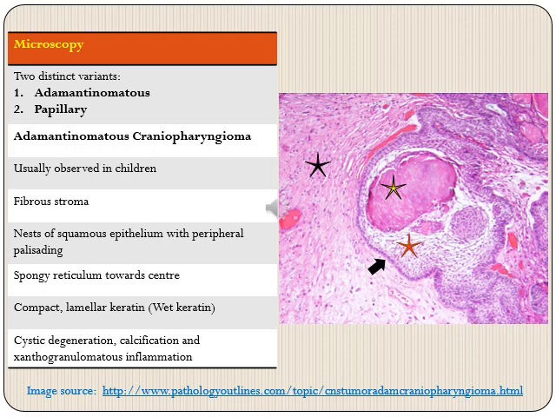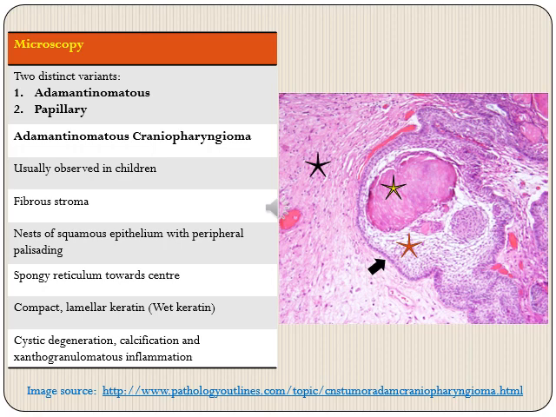As we come towards the center, these cells have a mesh-like appearance called spongy reticulum, which is marked here by the red asterisks, and they also have compact lamellar keratin, called wet keratin, which is depicted by a yellow asterisk in this picture.